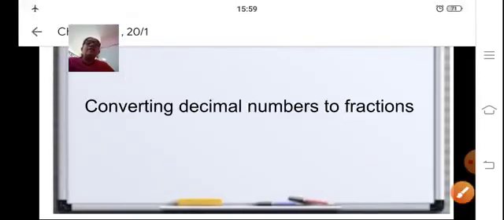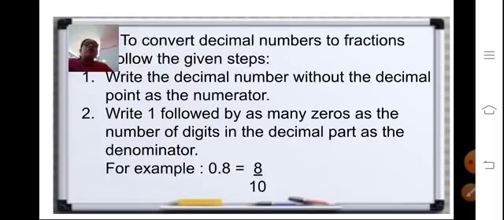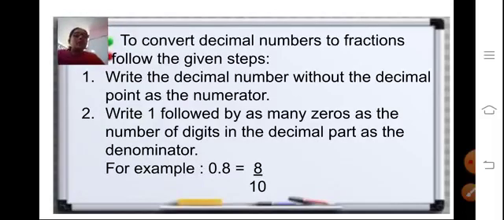Now let us come to the second topic, that is converting decimal numbers to fractions. To convert decimal numbers to fractions, follow the given steps: write the decimal number without the decimal point as the numerator, and then write 1 followed by as many zeros as the number of digits in the decimal part as the denominator.